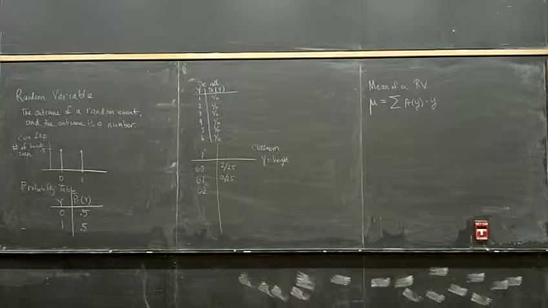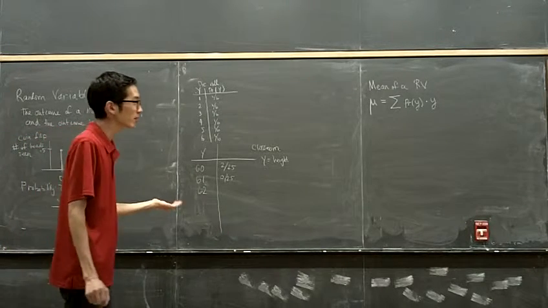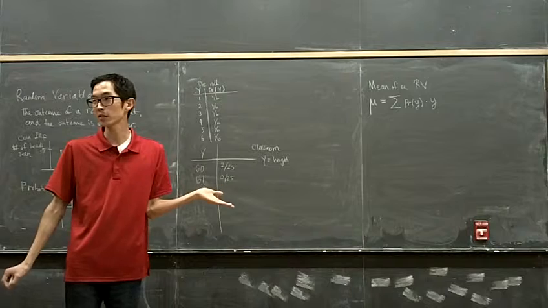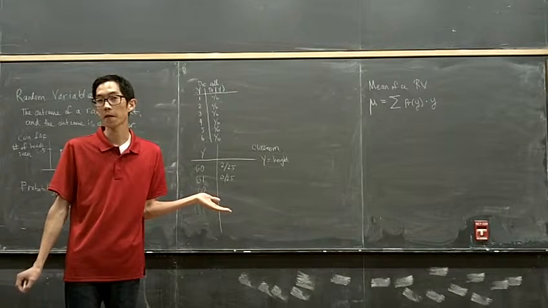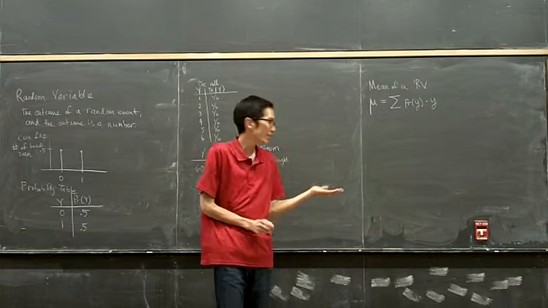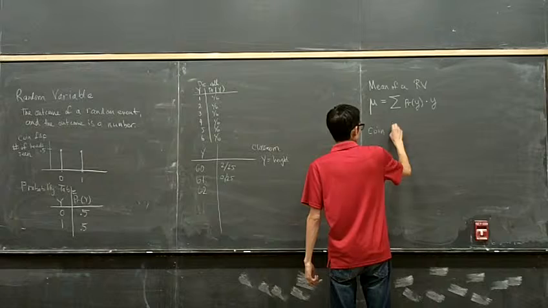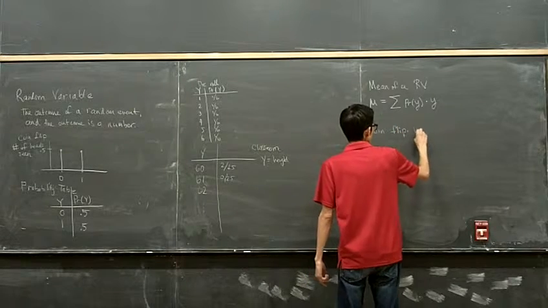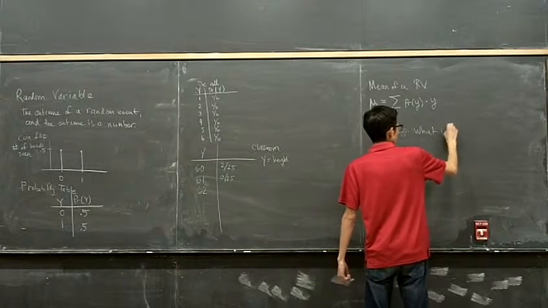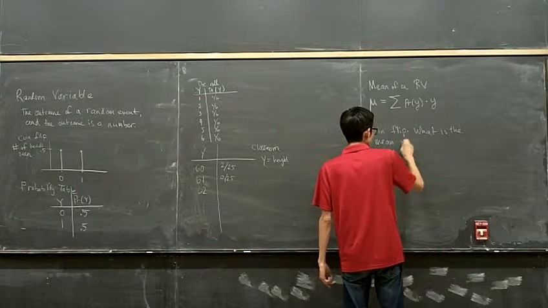So for the coin flips, if I flip a coin once, what's the average number of heads I expect to see? 0.5. Yeah, I expect to see half a head. Now, that sounds funny, but let's do the example for the coin flip. What is the mean number of heads I expect to see?